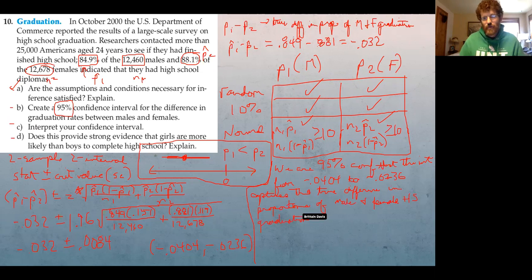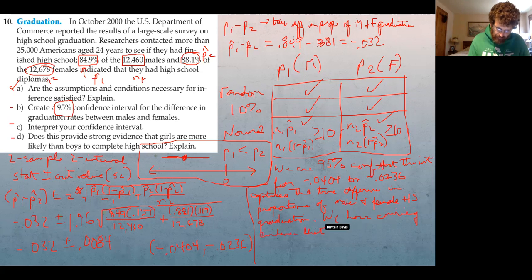So, of course, remember with the template, you're just providing that context. We're talking about male and female high school graduation. And then we can add a little bit here. We have convincing evidence that females graduate at a higher rate than males.